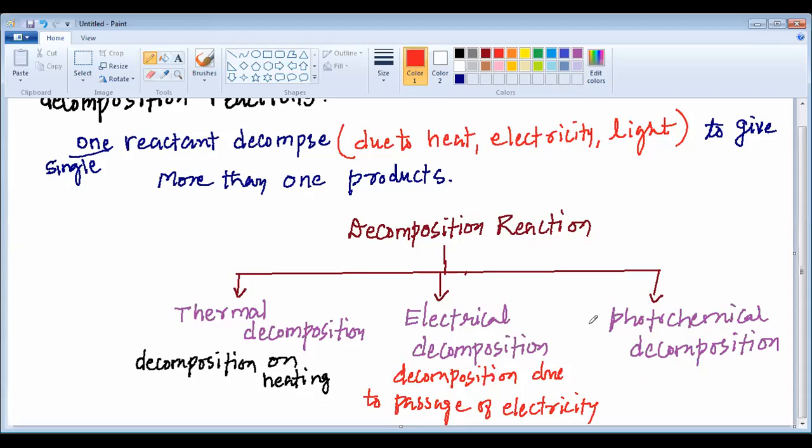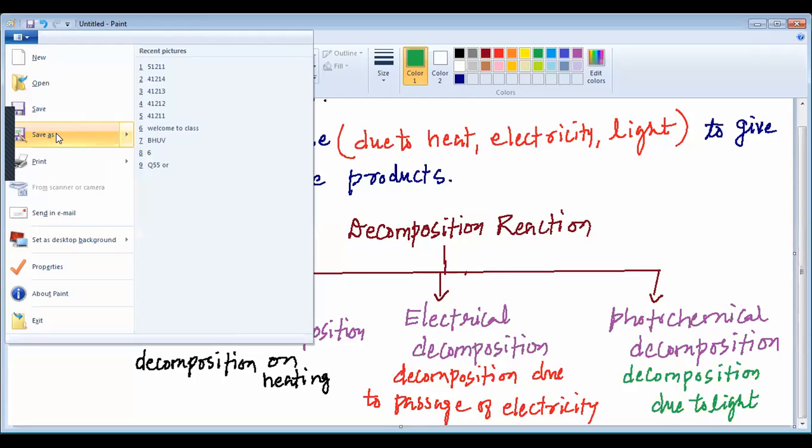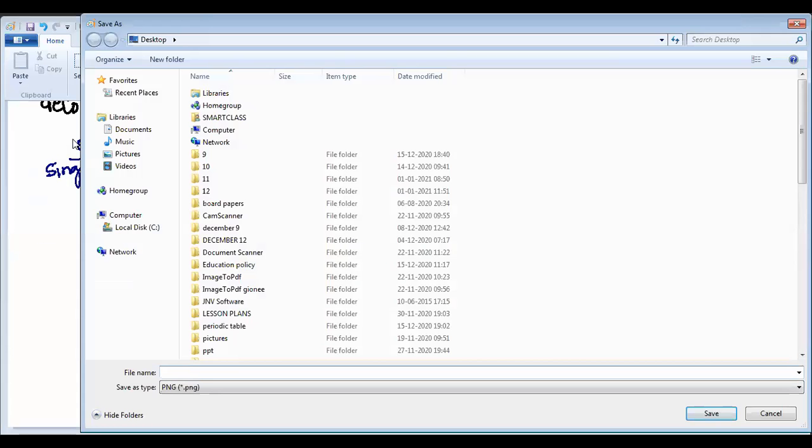And in photochemical decomposition, my dear students, we study decomposition due to light. So these are the various kinds of decomposition that we have been revising.